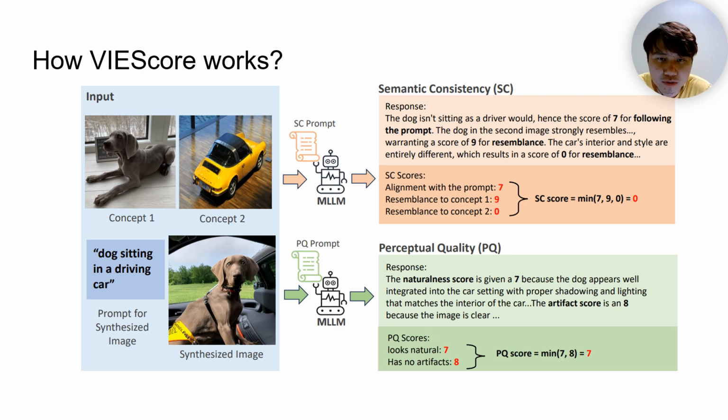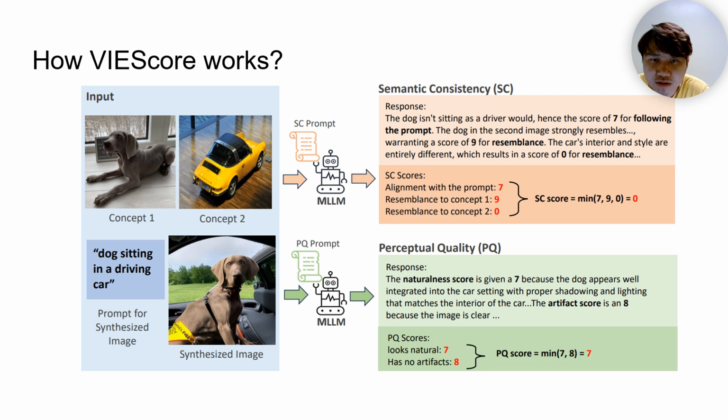In this example, we can see this is a multi-concept image composition task where the goal is to synthesize an image that contains both concepts and aligns with the prompt input. The input conditions and the synthesized image are fed to an MLLM with a corresponding instruction prompt, and we get the score results and the reasoning.